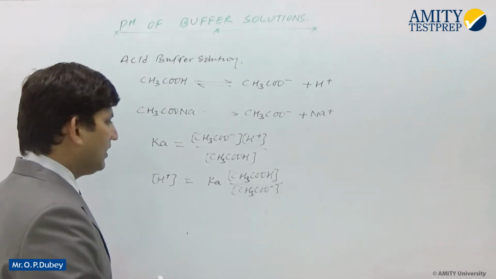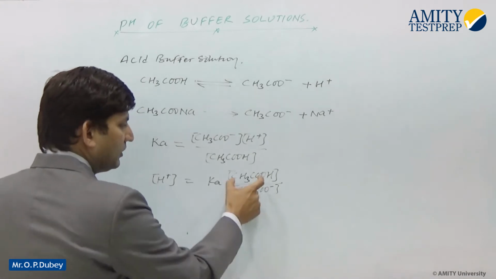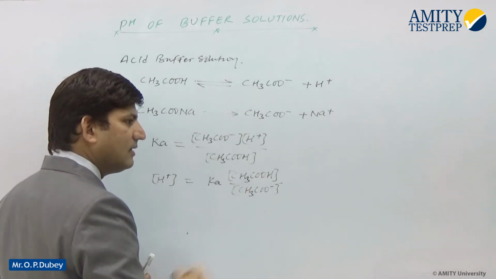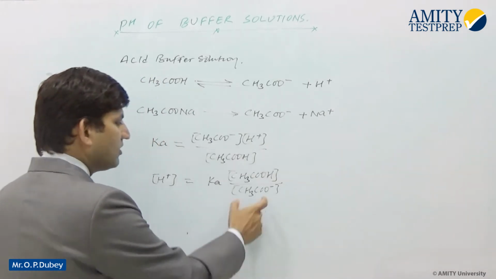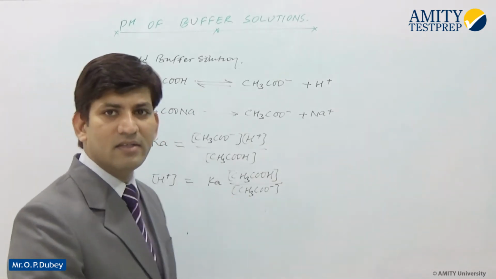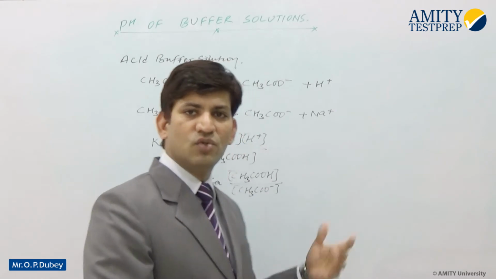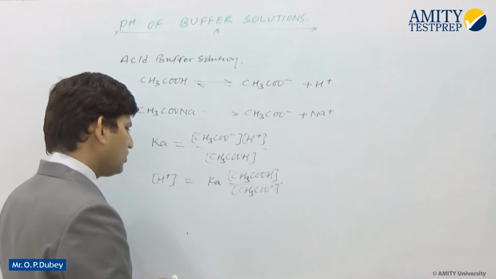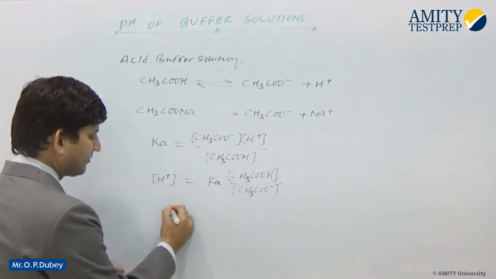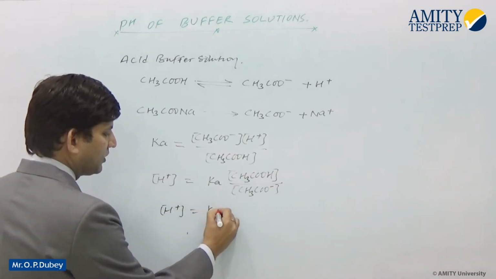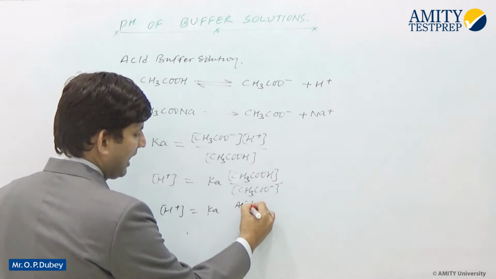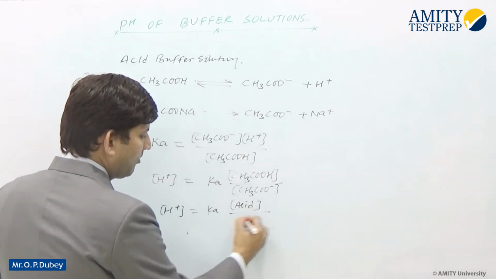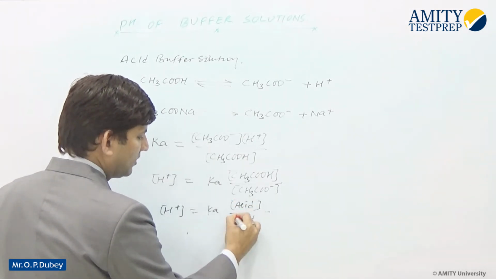So the concentration of acetic acid is equal to the initial concentration of acetic acid, and the concentration of acetate ion is equal to the concentration of sodium acetate, that is, the salt. That means the H plus ion concentration is equal to K multiplied by the concentration of the weak acid upon the concentration of salt.